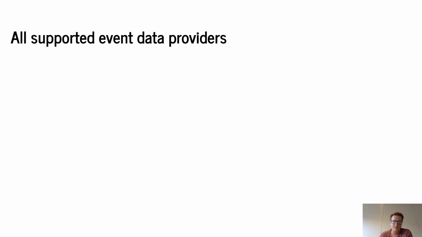Okay, Kloppy does support a lot of data providers, and the interesting thing is that Kloppy tries to standardize all the data that it loads, so you don't have to think about where you got the data from. You just specify the correct loader from Kloppy, and the rest of the workflow can stay the same.